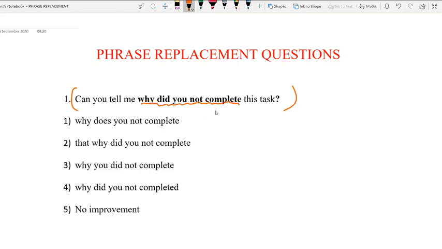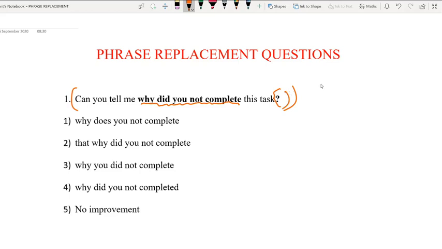So let's start. The sentence says, can you tell me why did you not complete this task, right? You can see that the sentence ends in a question mark. That means the entire sentence is in interrogative form. It is an interrogative sentence.